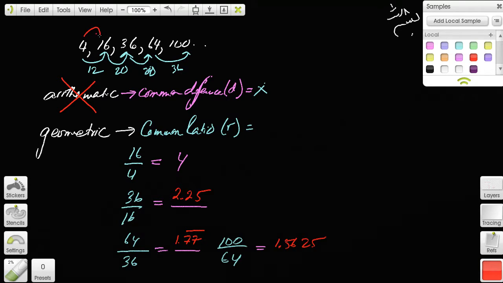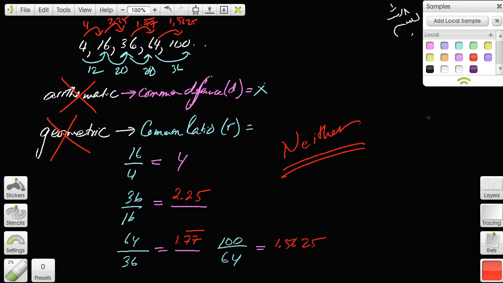So from the first to the second it's 4, then 2.25, then 1.7, then 1.5625. So this is also not geometric. So this is neither. Okay, so that's that example.